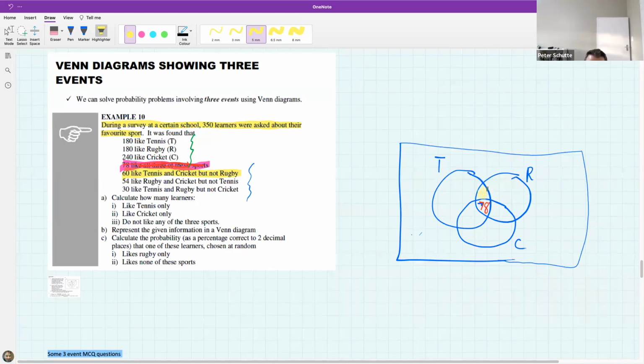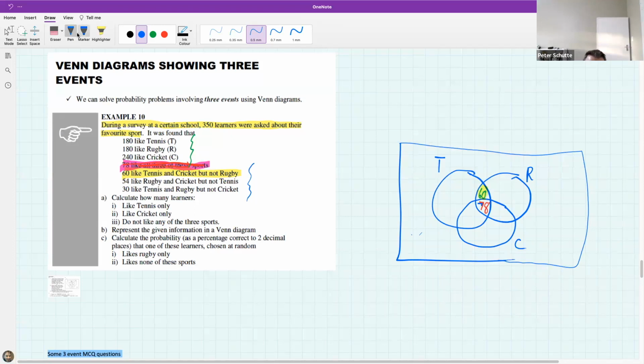So surely this bit over here has to be, so they like tennis and rugby, but not cricket. So this is going to be 60. I made a mistake. Where did I make a mistake? 60 like tennis and, oh, I made a mistake. Thank you. Yes. So let's go back and erase that.